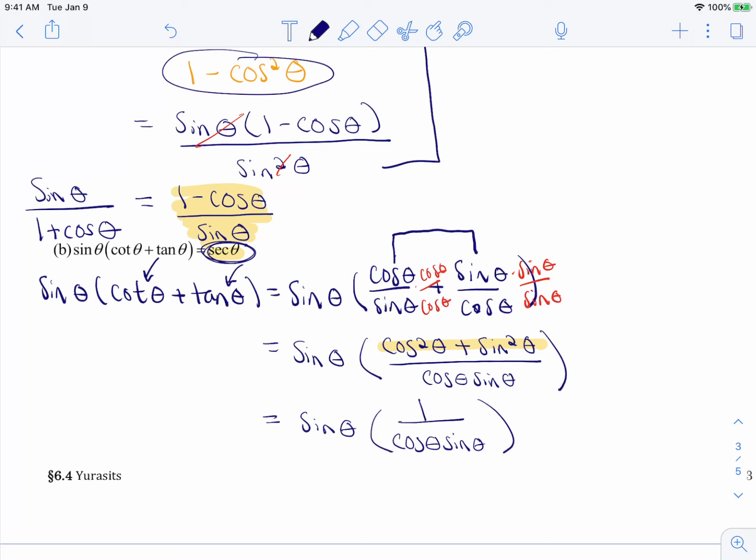Okay, well now I can multiply it by sine, because remember, sine is over 1. And then what do we see here? We can reduce those sines out, and we end up getting 1 over cosine. What does that equal to? Oh my gosh, it feels so good. Secant.